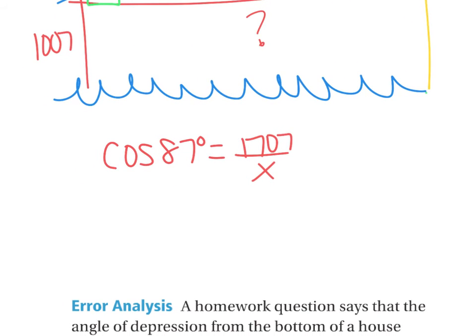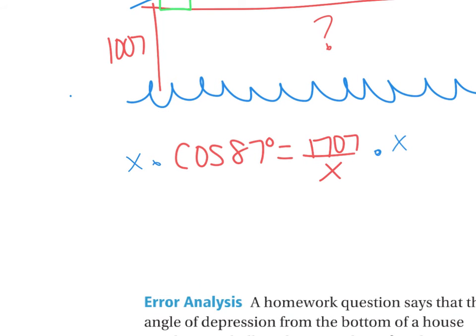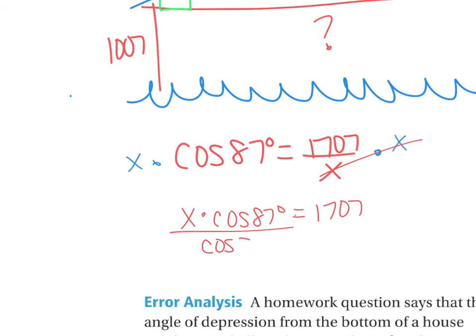So now I need to get the x by itself. First, we're going to multiply both sides by x. That gives me x times the cosine of 87 degrees equals, those cancel, 1707. Then we're going to divide both sides by the cosine of 87 degrees.